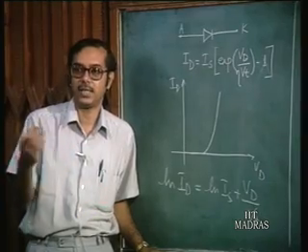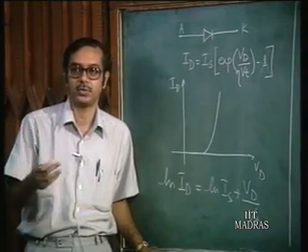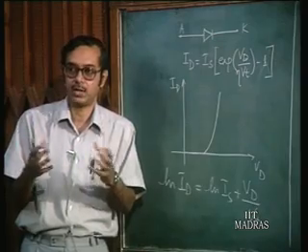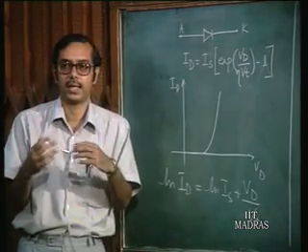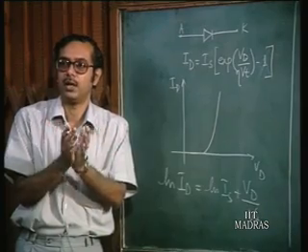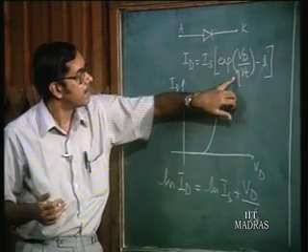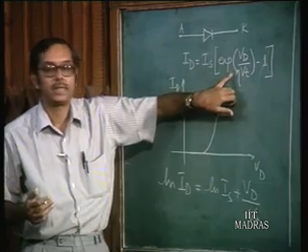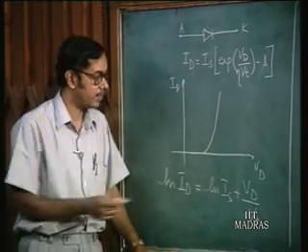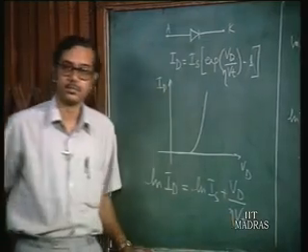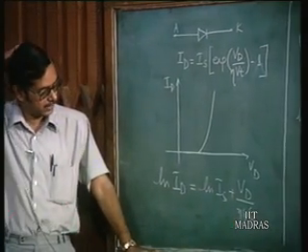This value is in the range of 1 to 2, because when we developed the model, we did not take into account certain non-idealities, like recombination generation in the depletion region, and certain leakage currents. These give rise to a factor which is eta here. So, you have an eta here.